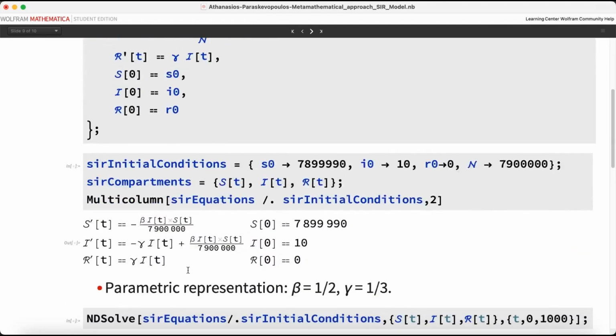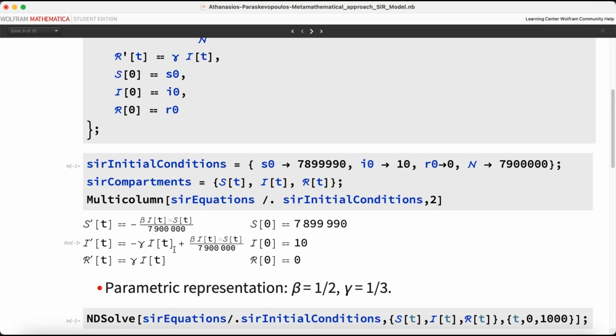As we can see here, we have defined our historical data for the initial susceptible and the initial infected persons, and we have also defined our beta and gamma. Beta is the infection rate, and gamma is the recovery rate.